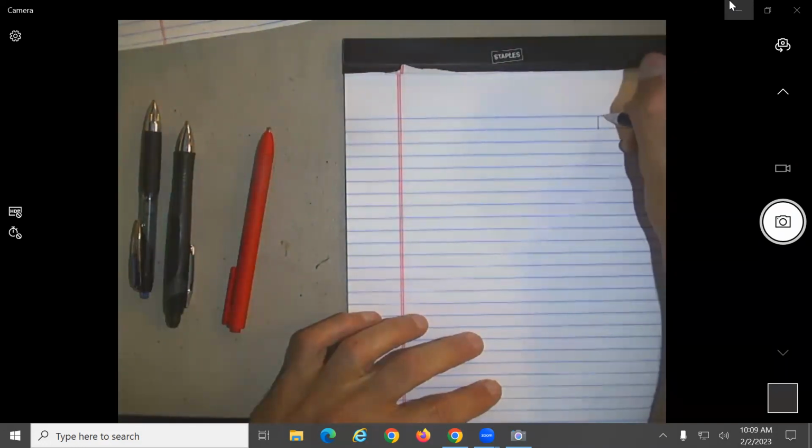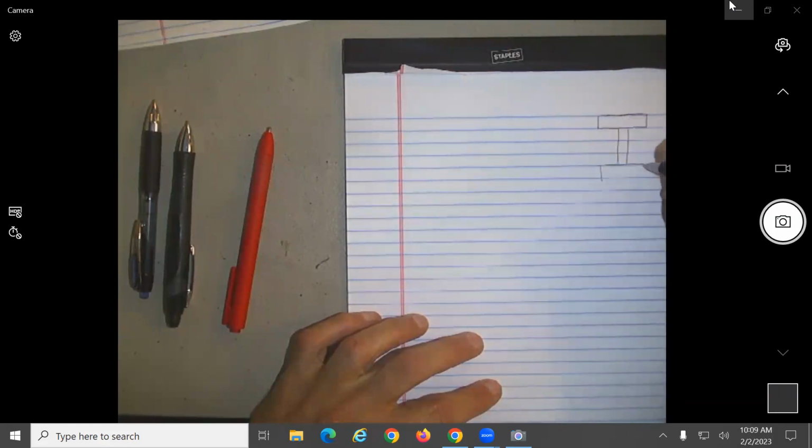First thing, this is our cross section. I'm going to start putting values. So we know this is the flange. This is H. This would be here the flange.